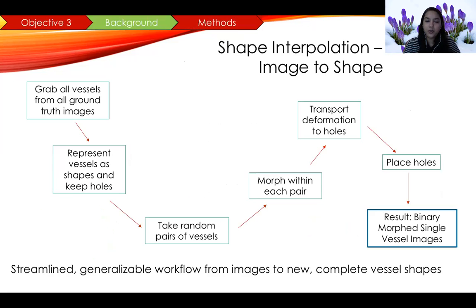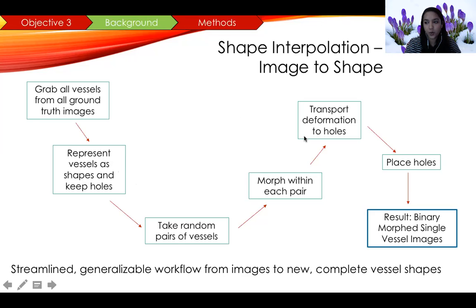First, we need to move from the images that we have to the shape domain. So the first step is to grab all individual vessels from our annotated images. Each individual vessel is represented as a shape, and the holes inside the vessel are kept aside. Taking random pairs of the vessels, interpolation is performed to achieve a vessel morphing.